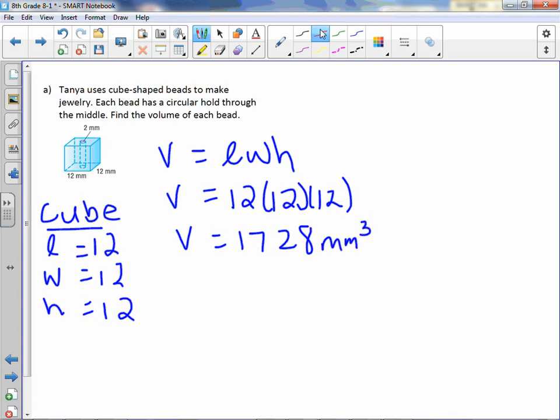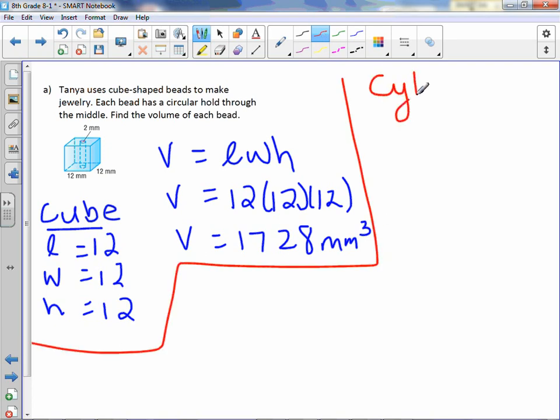Now for the cylinder. It looks like the height would still be 12 centimeters, and it looks like the diameter is 2. It's millimeters, actually, not centimeters. So 12 millimeters and 2 millimeters. We need a radius, which is half the diameter, so the radius is 1.